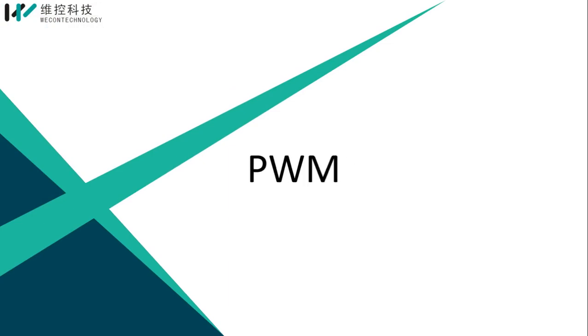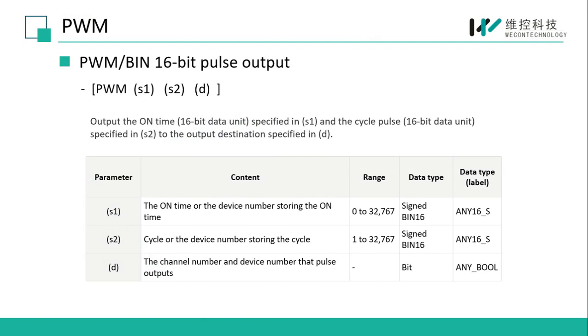Okay, let's move to the PWM instruction. The PWM instruction is used to output and set the on time in a specific cycle. And you can see the 3 parameters. The first parameter is the on time, the second parameter is for the cycle, and the third is the output terminal.